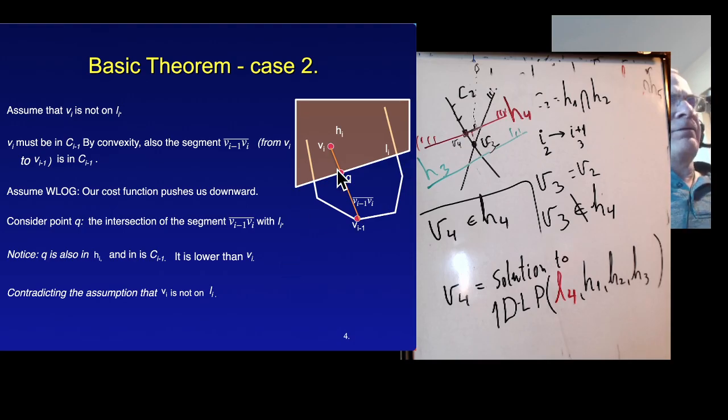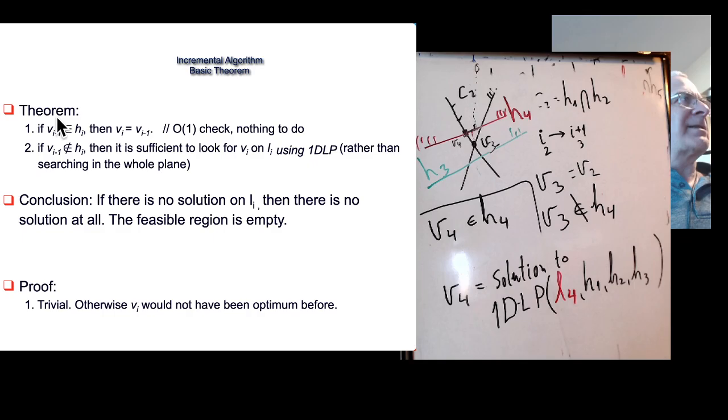So far, the conclusion, going back one slide, is that you're adding Hi. If Vi minus 1 is in Hi, don't touch it. Just call it Vi, the new optimum solution, but the point is the very same point.